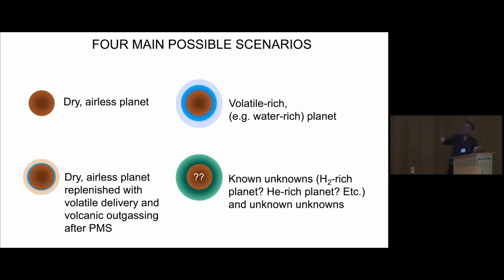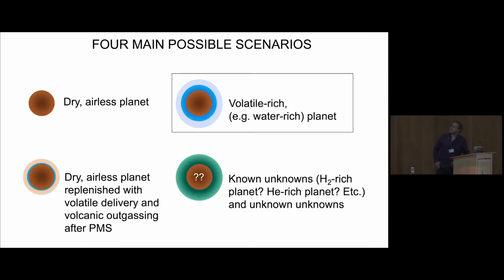Third, planets that went at some point completely dry, but later on were replenished either through outgassing or through volatile delivery. And on this side, the known unknowns and the unknown unknowns: planets with hydrogen-rich atmosphere, helium-rich atmosphere, planets with ammonia, planets with freon gas, I don't know, that kind of object.